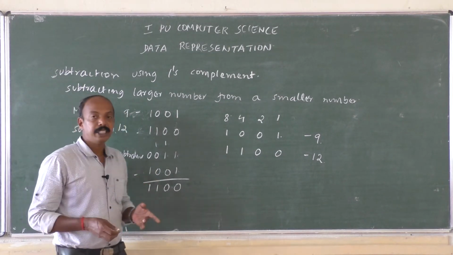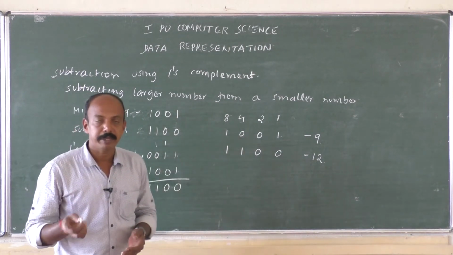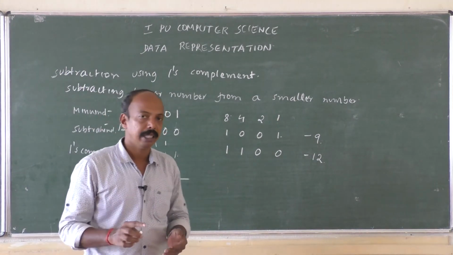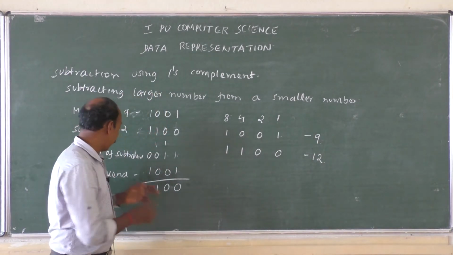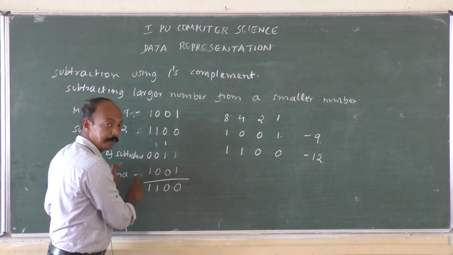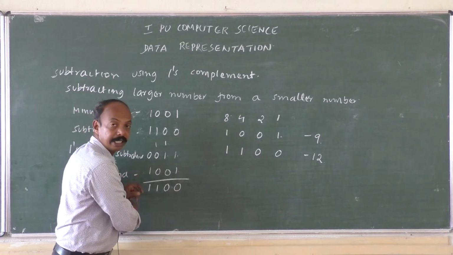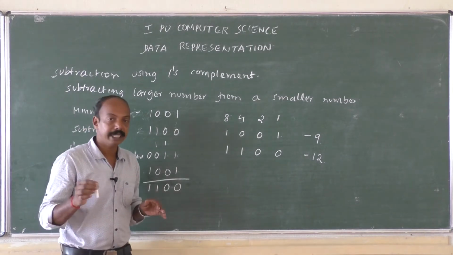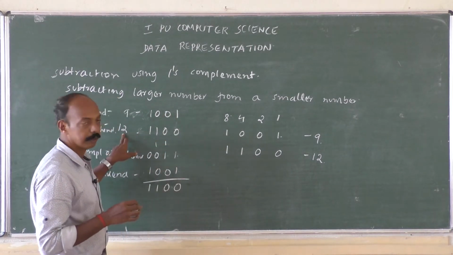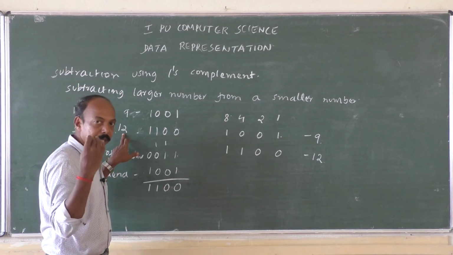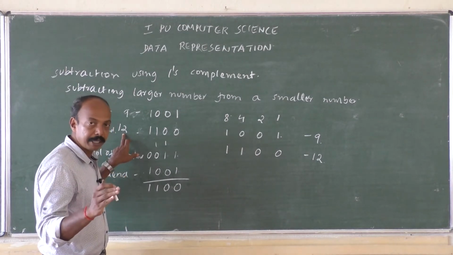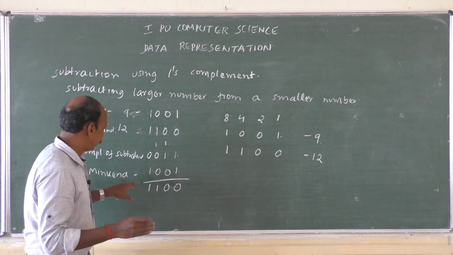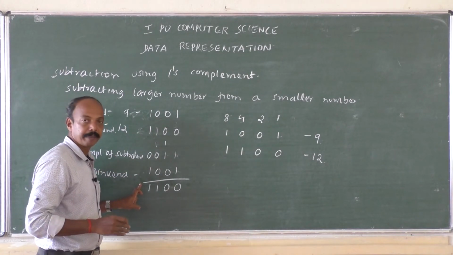In the previous case, when we subtracted a smaller number from the larger number, after taking 1's complement and adding to the minuend, we had a carry here, right? But in this case, when we are subtracting a larger number from a smaller number, when you convert it into binary and take 1's complement of the subtrahend and add it to the minuend, there won't be an end around carry.